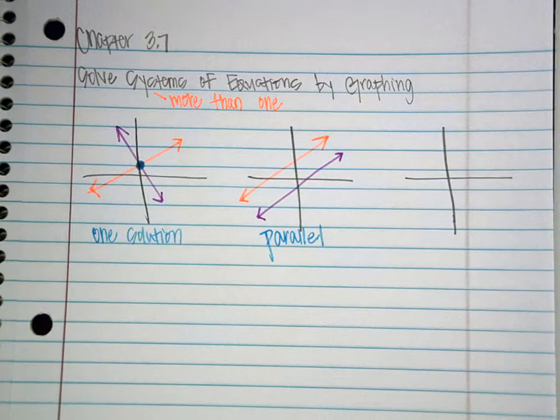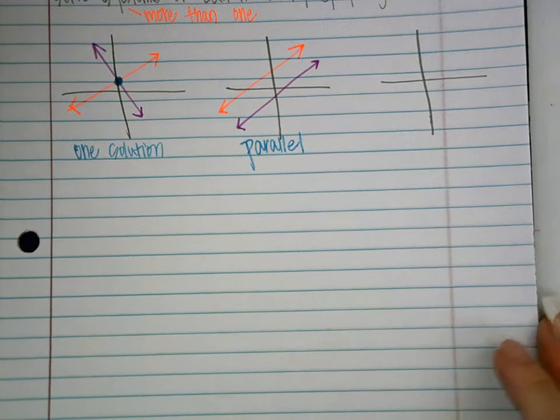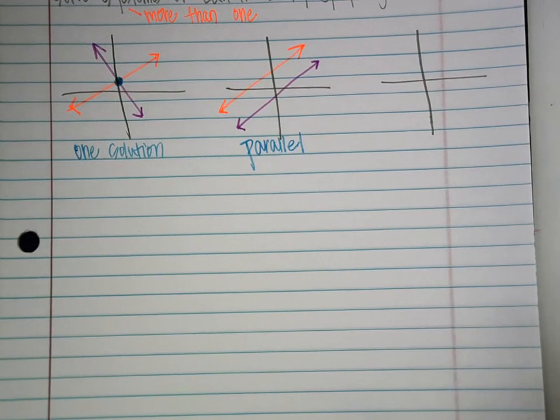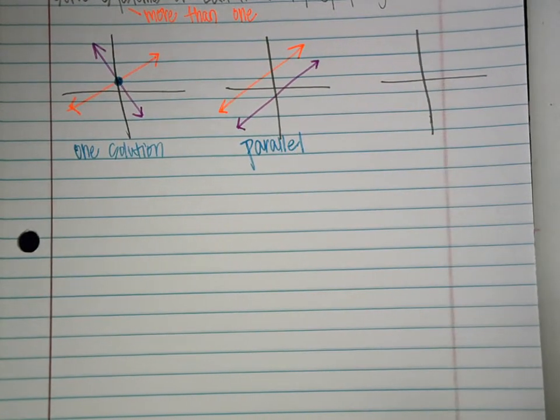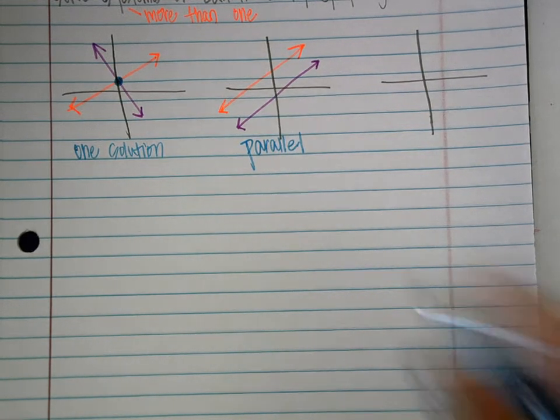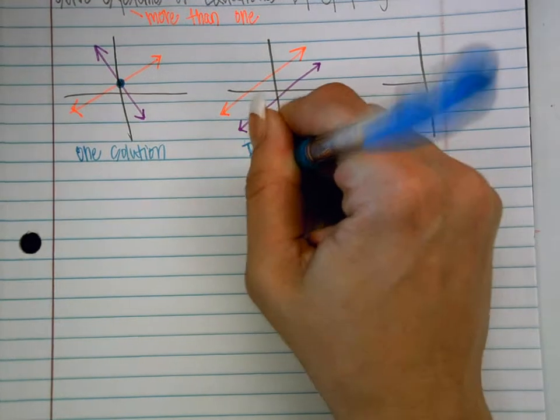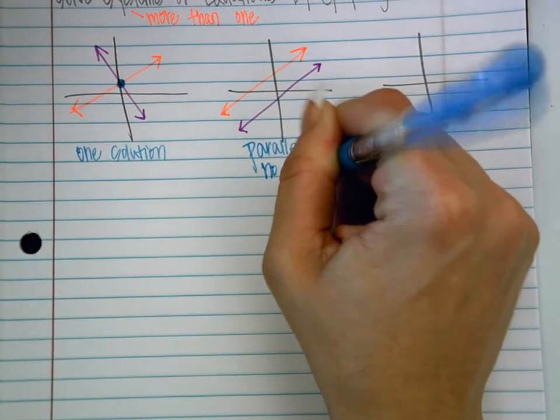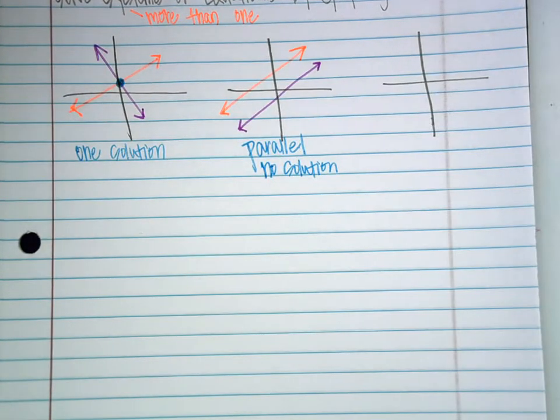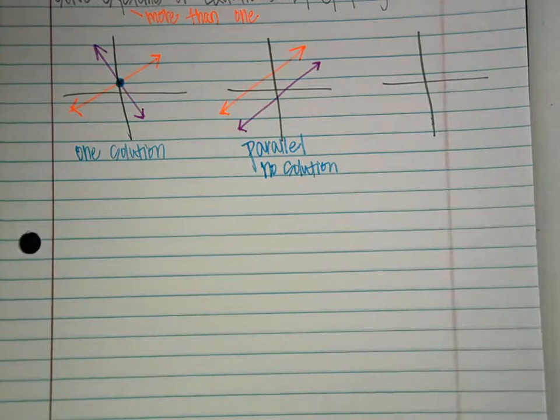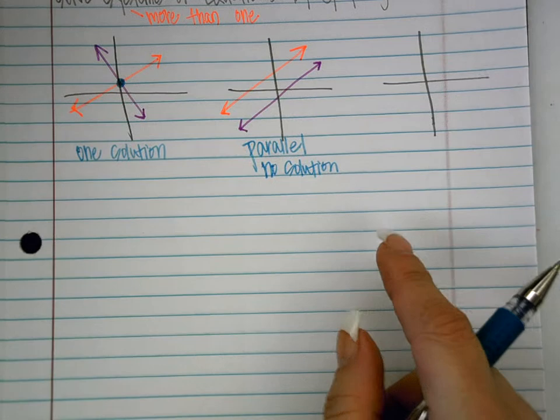If you have 2 parallel lines, how many times do you think they cross? Never. So this would be how many solutions? None. No solution. If your lines never cross, if they're parallel, that means they would have no solution.